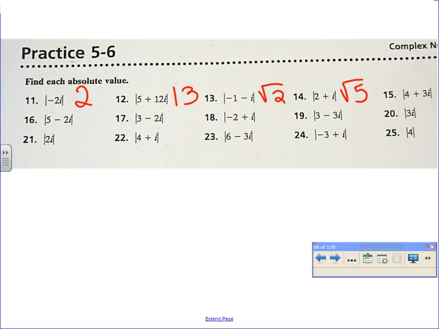Kevin? Good. 5. Anna, number 16. Good. Square root of 29. Okay, so check those. I'll come back to questions. But if you got something wrong, make sure you fix it. These are good review problems.